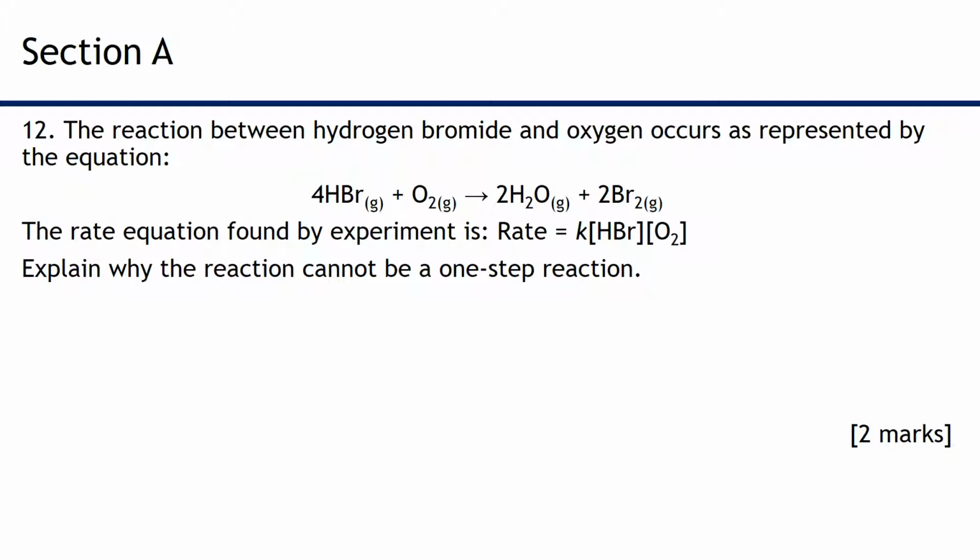The rate equation found by experiment is rate equals k multiplied by the concentration of HBr multiplied by the concentration of oxygen. Explain why this reaction cannot be a one-step reaction. So the clue here lies in looking at the rate equation and then comparing it to the actual reaction equation.